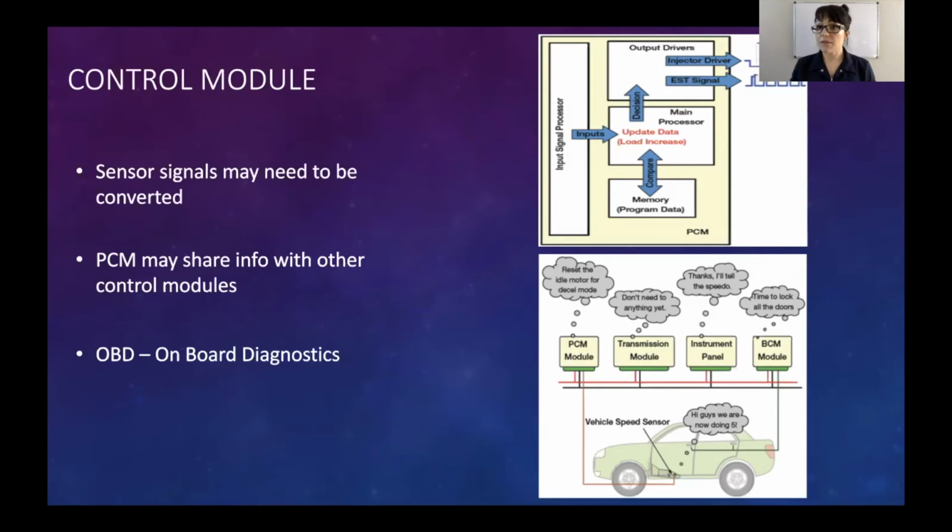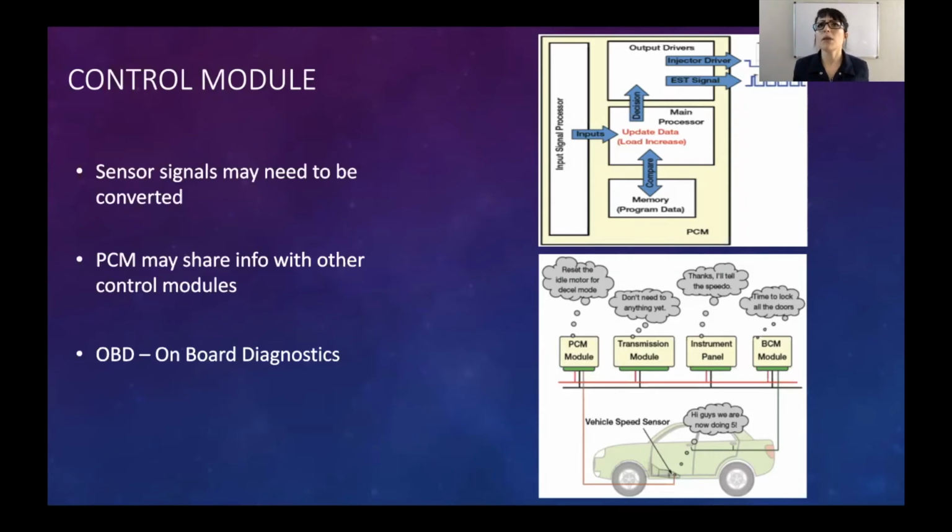Now, many of you have probably already heard of OBD, or onboard diagnostics. Onboard diagnostics was simply kind of like an operating system, if you want to think about it, except it's not like a Microsoft in that respect. It's simply the computer programming that people used.